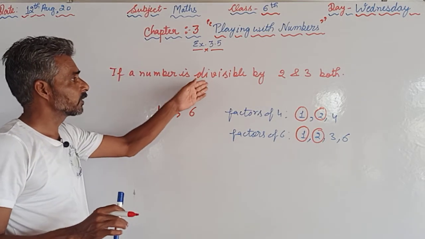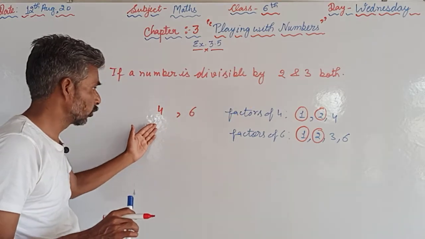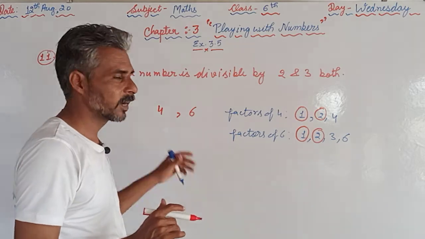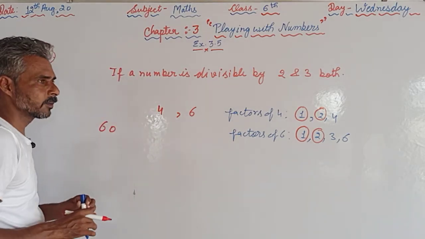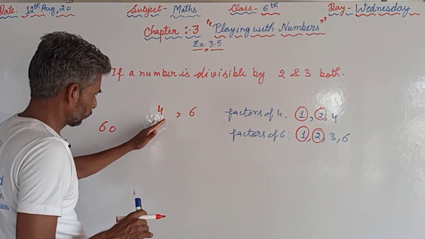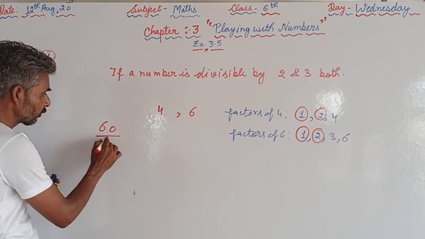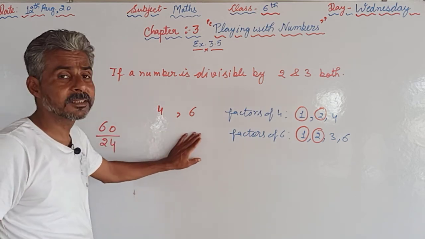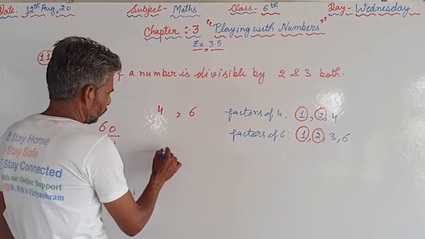So the condition which we applied on 2 and 3, because they are co-prime, we cannot apply to 4 and 6, as they are not co-prime. For example, 60 is divisible by 4 as well as 6, but it is not divisible by 24. The reason behind that is 4 and 6 are not co-prime.